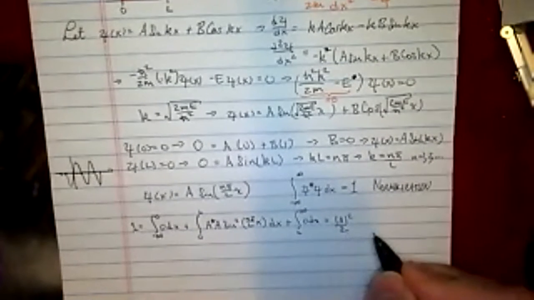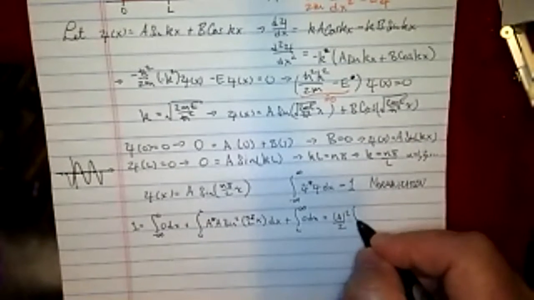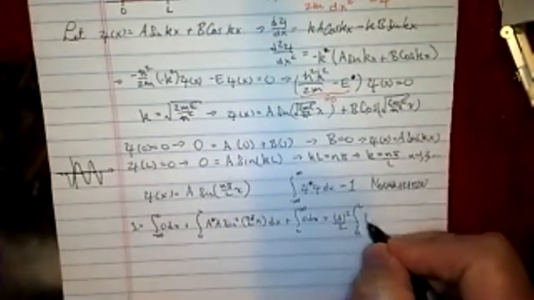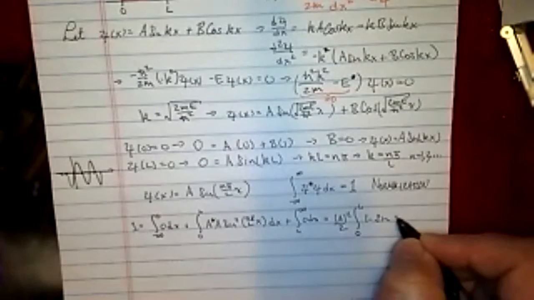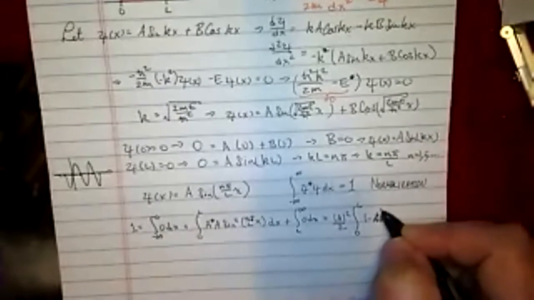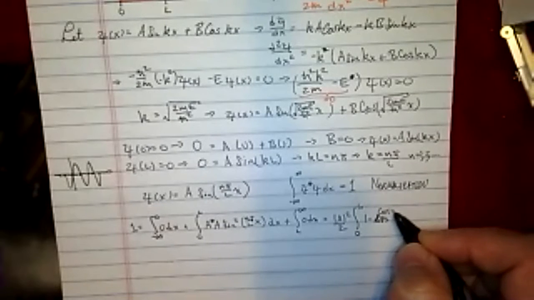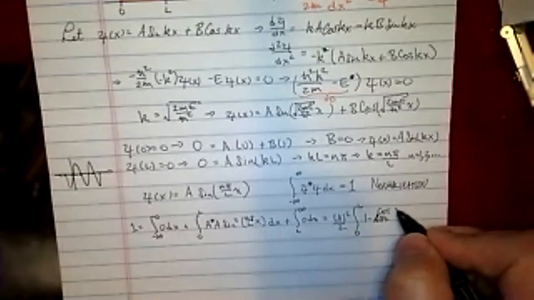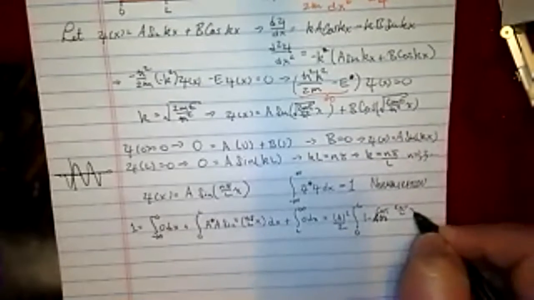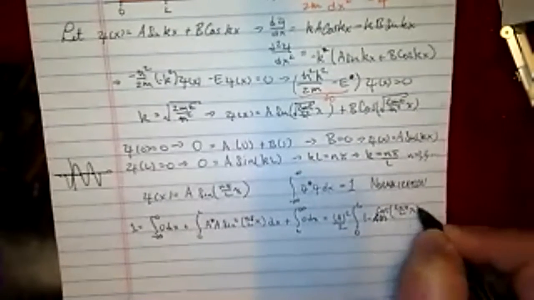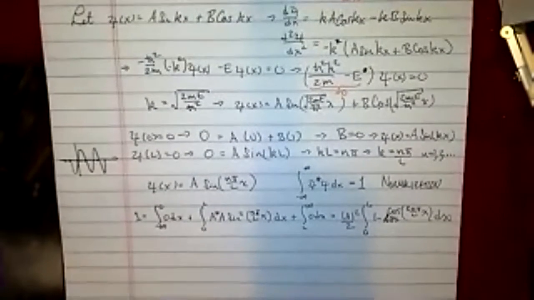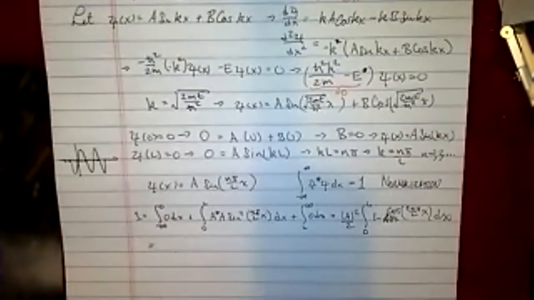The 1/2 in the identity I'm going to put out here, and now I'm going to say the integral from 0 to L of 1 minus cosine of twice the argument. Well, the argument was n pi over L, so I'm going to say 2 n pi over L times x dx.